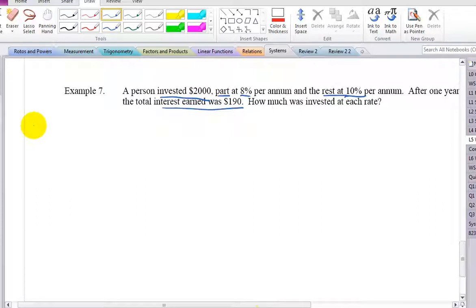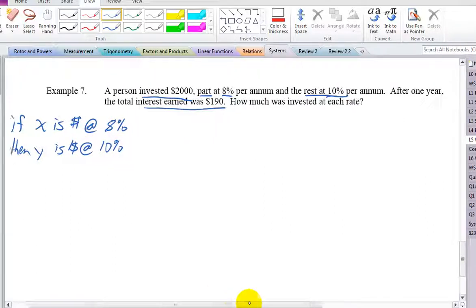So we want to use an X and a Y. Okay. So if X is the money at 8%, then the rest is Y, and that's invested at 10%.